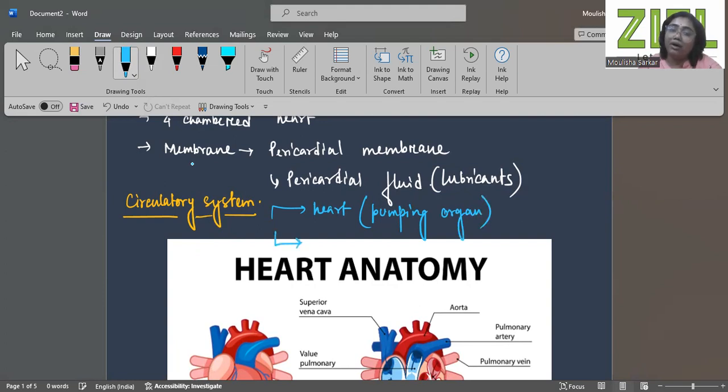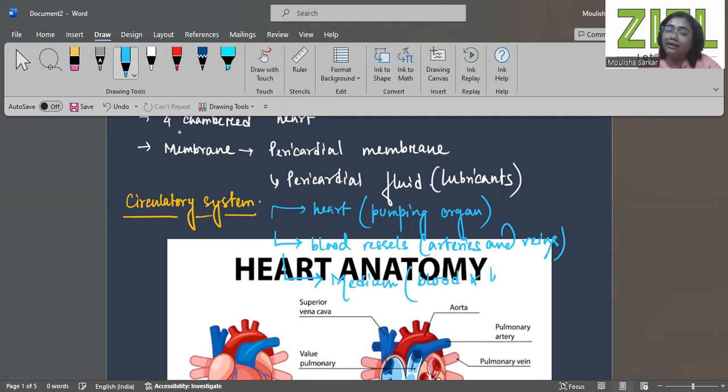And then we talk about the blood vessels, that we all know are the arteries and veins. And the third component is the medium of transport, that majorly is blood.